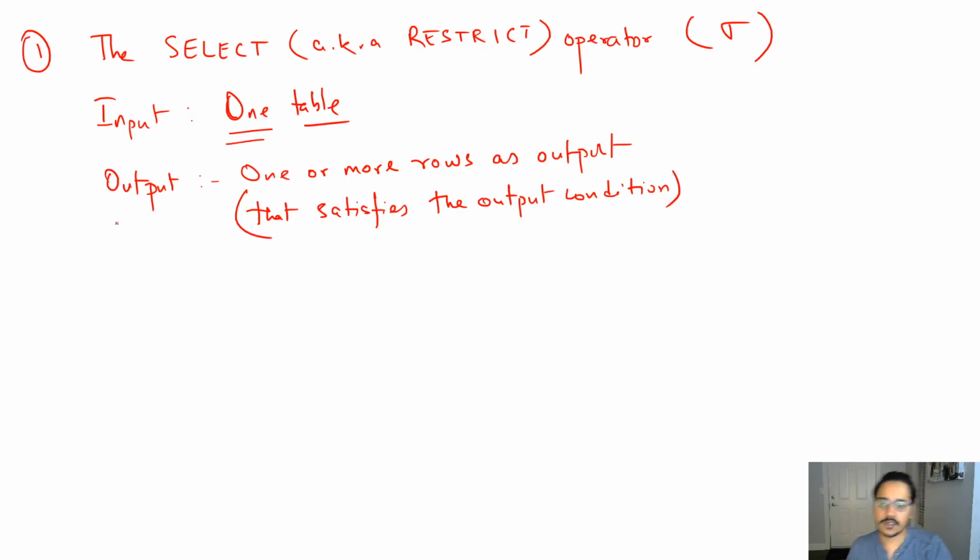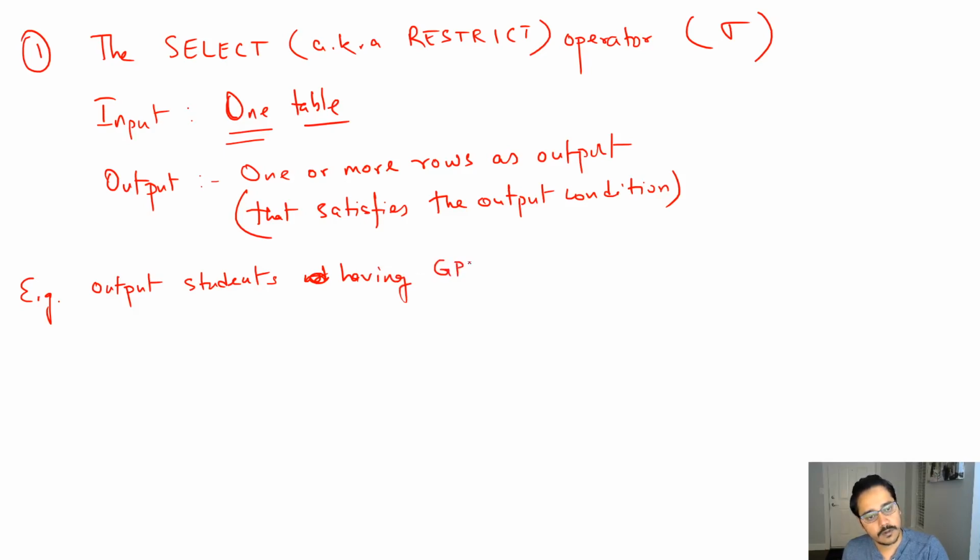So let's say, as an example, you want to output students having GPA greater than or equals to 3.00. So this is what you want to output, right?